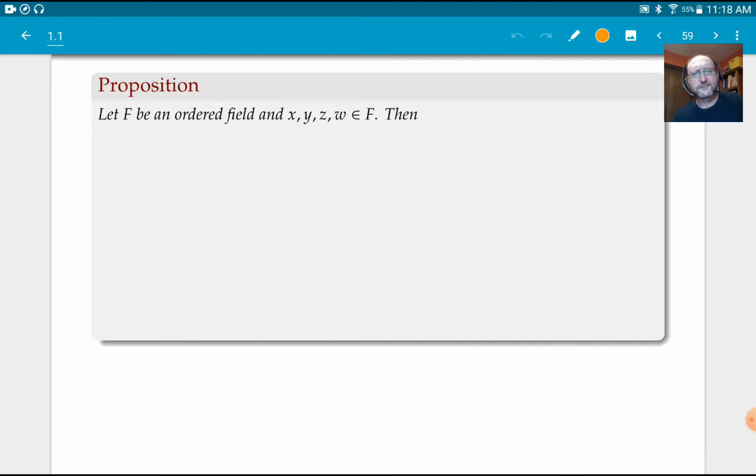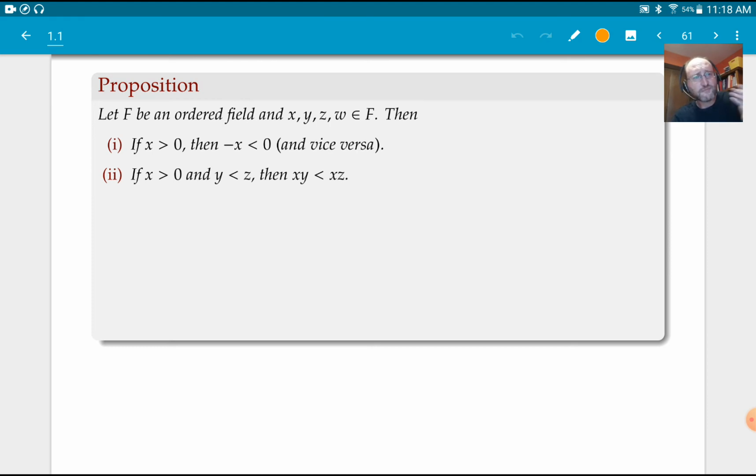Now, let's put together some properties of ordered fields. Some other very, very basic properties of ordered fields that just follow from the definition. So first, if x is positive, minus x is negative, and vice versa. If x is negative, minus x is positive.